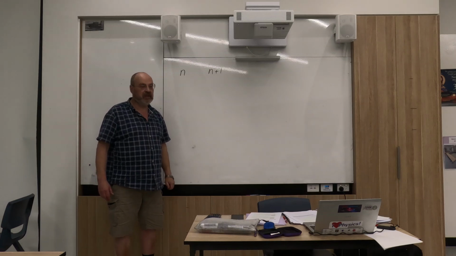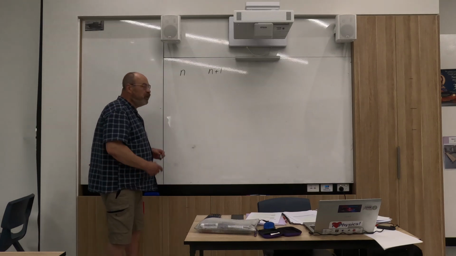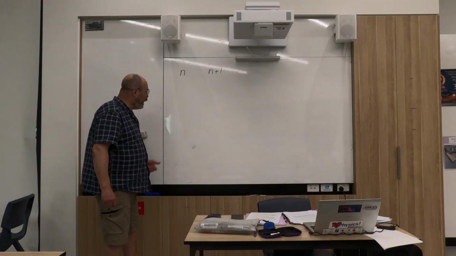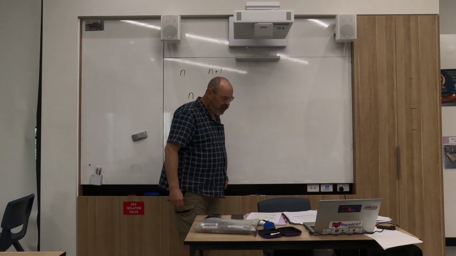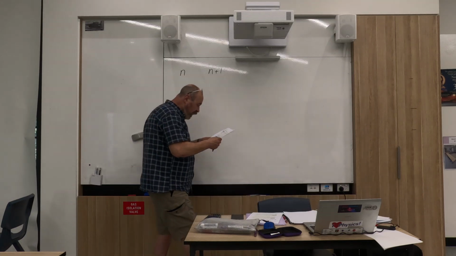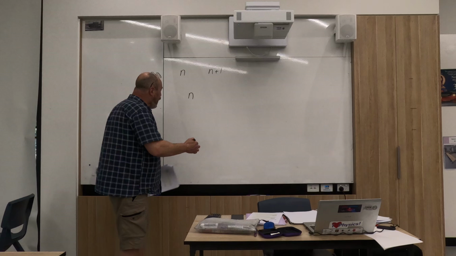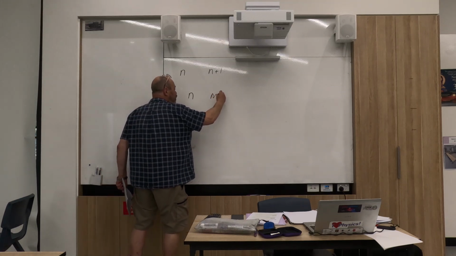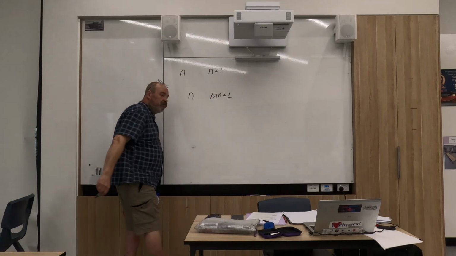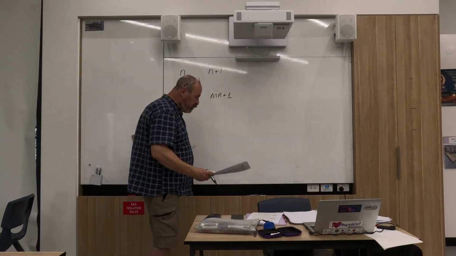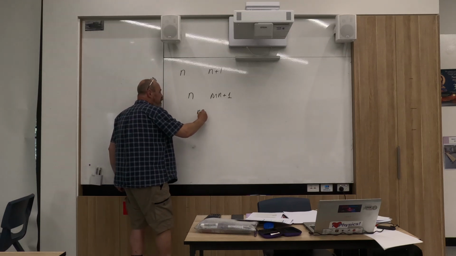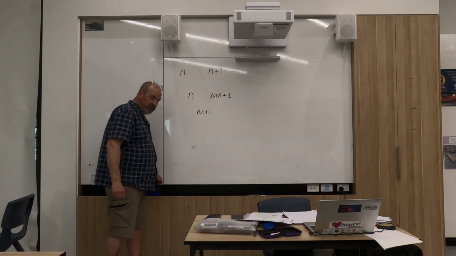A more general principle is, if you have n holes, and you have n times n plus 1 objects, at least some hole will have at least n plus 1 objects.